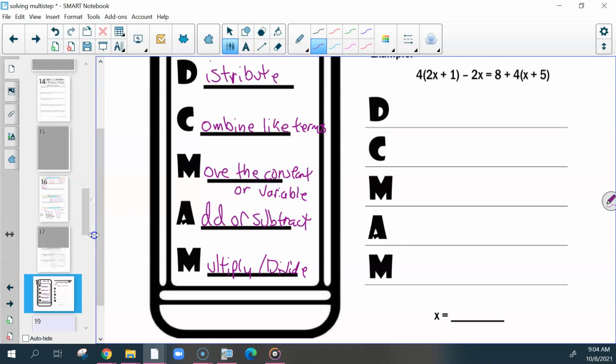We can distribute, so we're going to do that first. Distribute the 4. We're also going to distribute this 4, simultaneously at the same time. 8x plus 4 minus 2x equals 8 plus 4x plus 20.